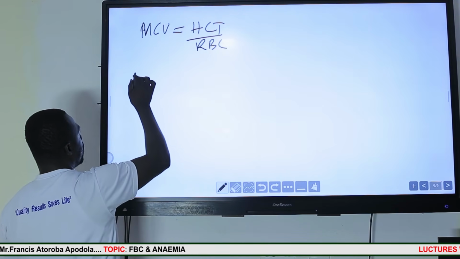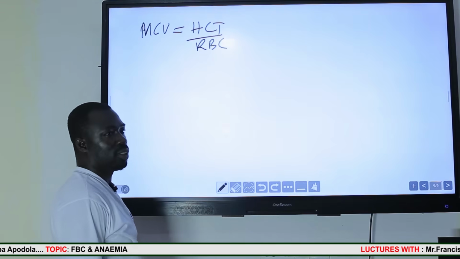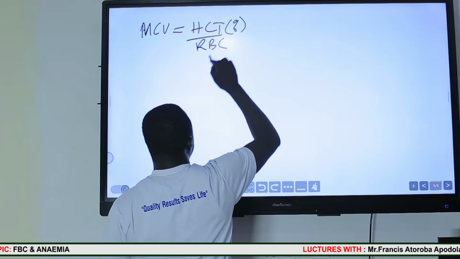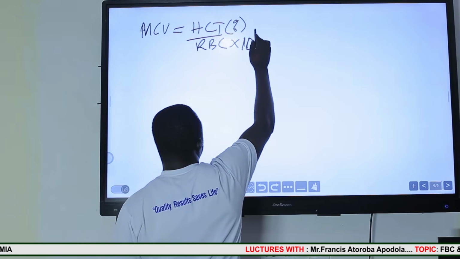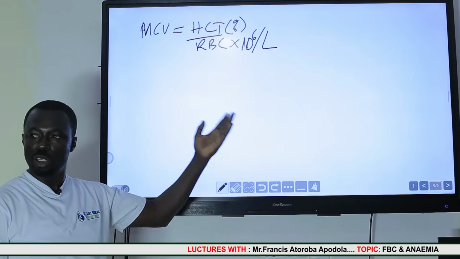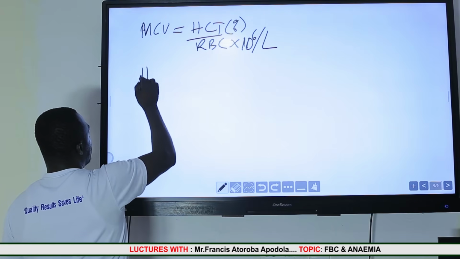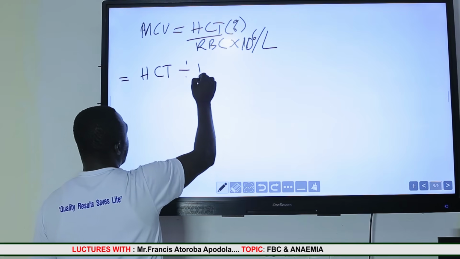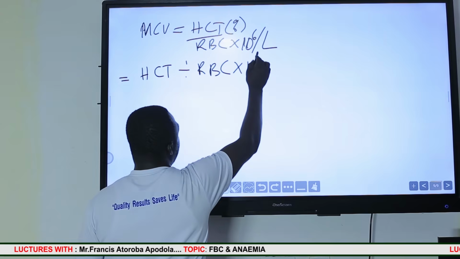But we know hematocrit is usually in percentage. RBC is usually times 10 to the power 6 per liter. You know that, that's the unit. I'm introducing the unit. So this is the same thing as hematocrit divided by RBC times 10 to the power 6.